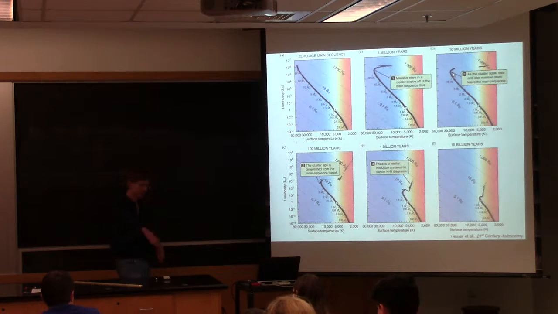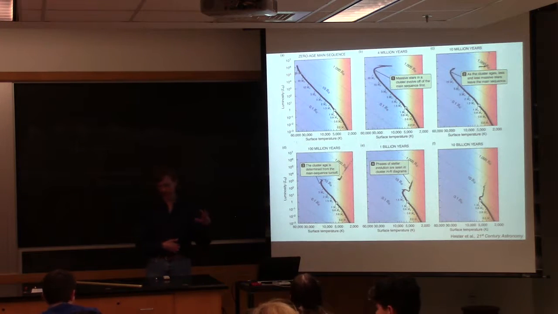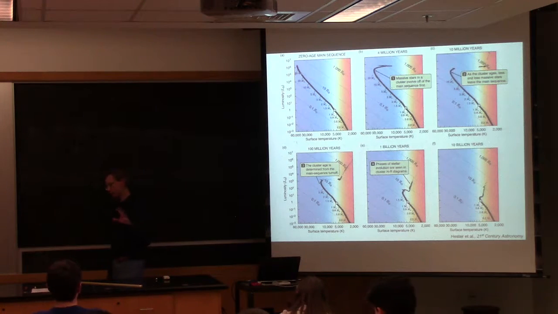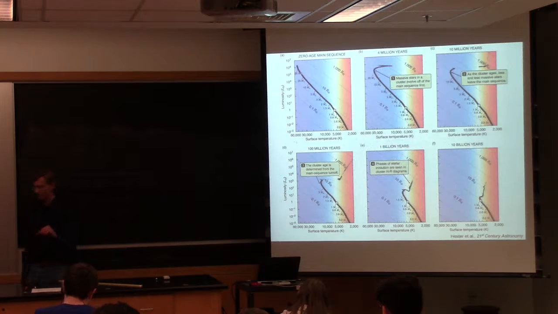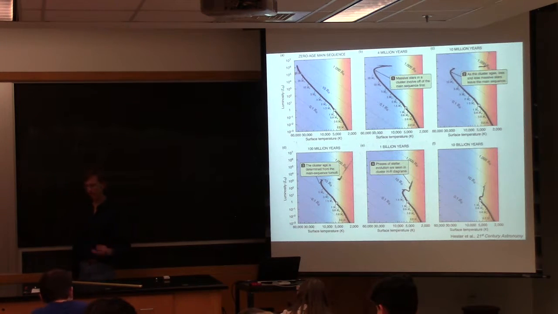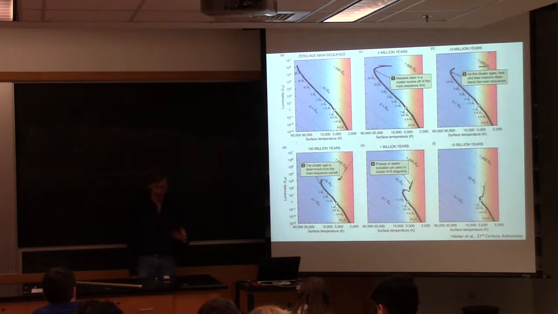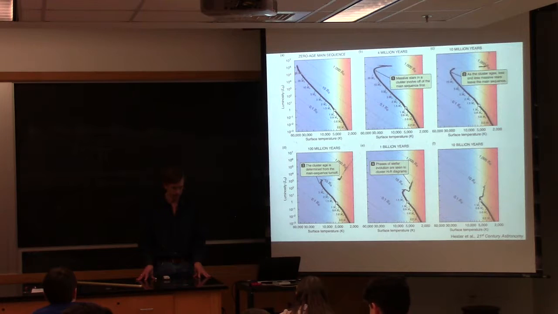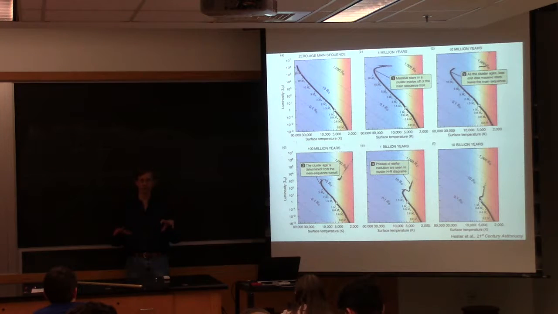Okay, so the idea here is that how long a star spends on the main sequence depends on the mass of the star. Right? The more mass of a star, the less time it spends on the main sequence. Meanwhile, all the stars in a cluster are essentially the same age because clusters are litters of stars.